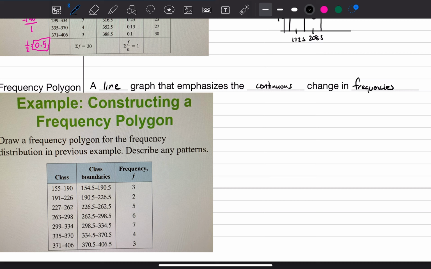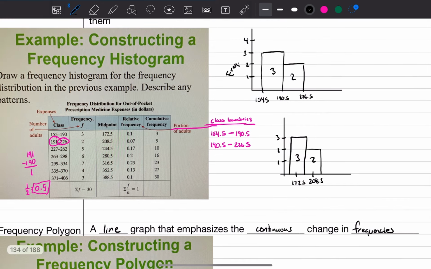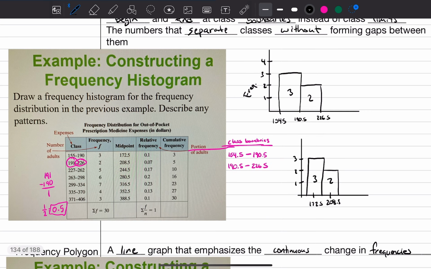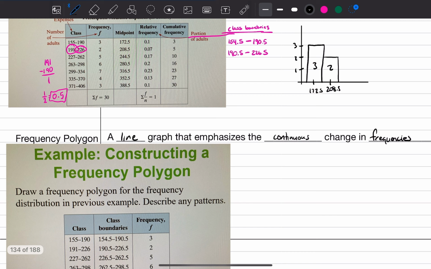We can also use class boundaries, or we can use midpoints for this. Let's say that we're actually going to use midpoints. So the midpoints, these are all the same example, by the way. So this table and this table, they're all pretty much the same thing, the same data set.